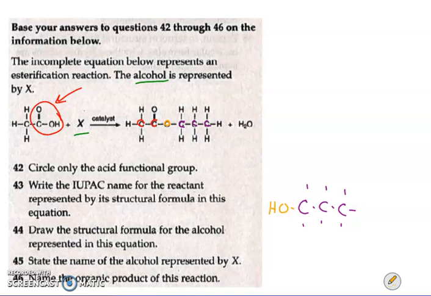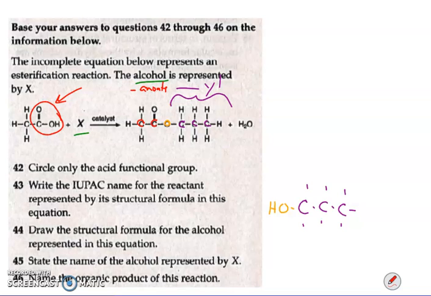46 says name the organic product of this reaction. Remember, the alcohol portion, this portion over here, is going to get the substituent name, the YL portion. This first part is going to get the NOATE portion, so this is going to end in NOATE.